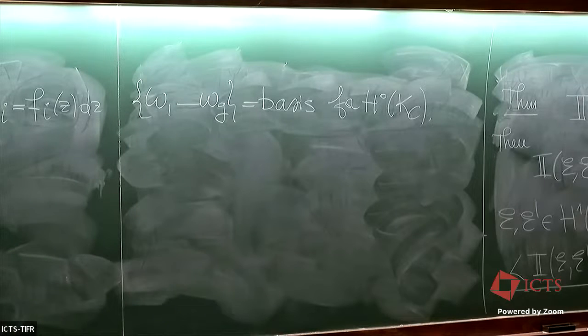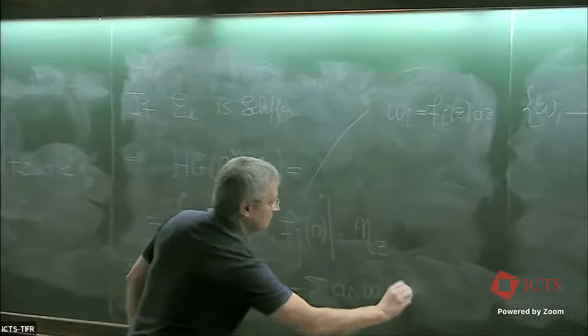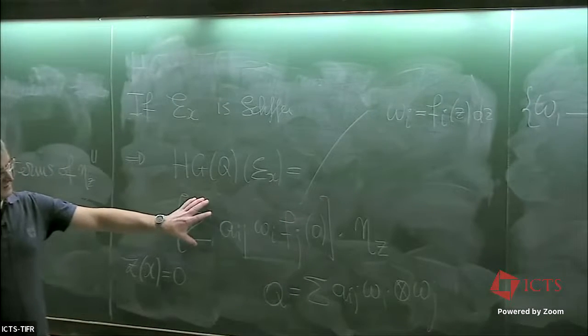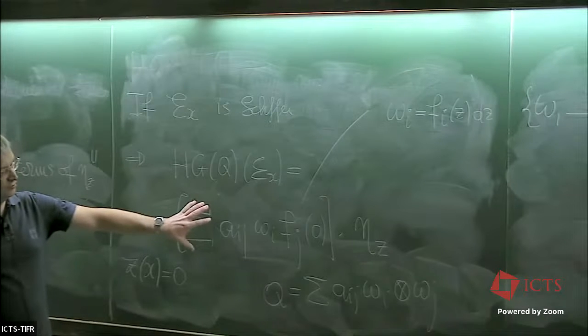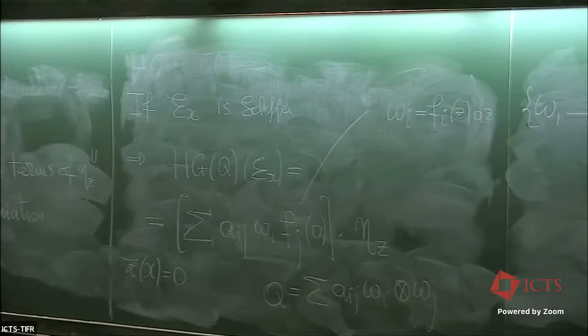So this is a part which only depends on Q, the quadric, because our quadric is given like this. So this part is a kind of evaluation of the quadric in some point, and this is the object.